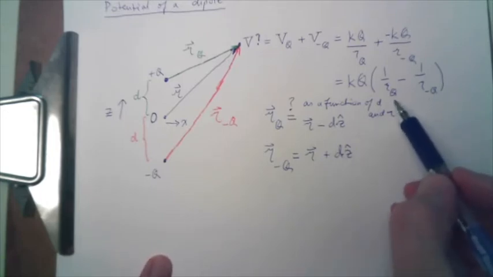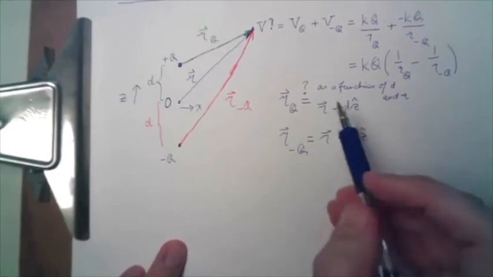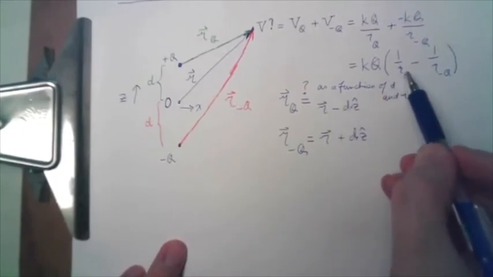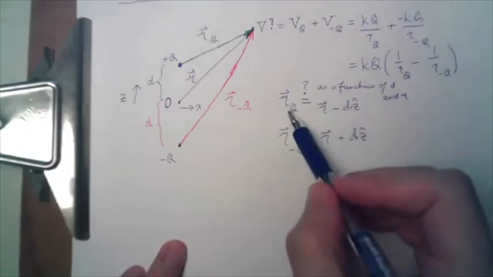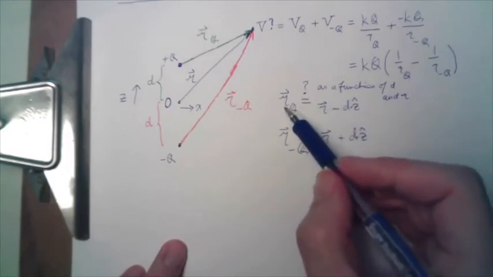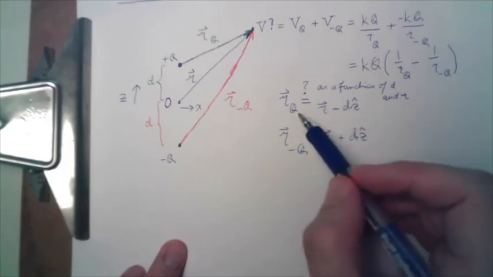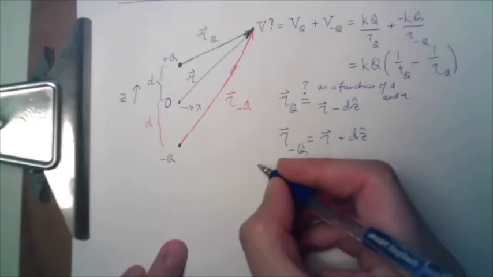Now, the thing we actually need is the magnitude of this. Now, there are several ways to approach this problem. You can run around with cosine rules and everything on this problem, and I believe that's the way I did it in the book. But let's try to do a slight shortcut.